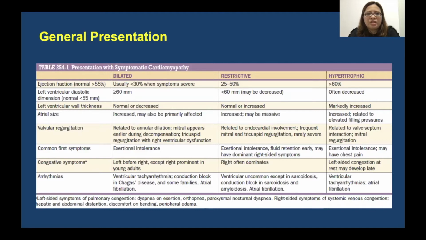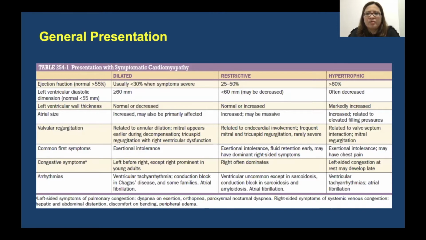For the left ventricular diastolic dimension, the normal of which is less than 55 millimeters. For dilated cardiomyopathy, the LV cavity is dilated to more than 60 millimeters, while in restrictive, it is normal or maybe decreased, so it is less than 60 millimeters.